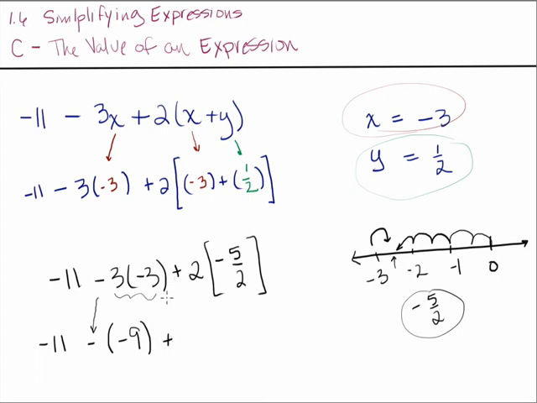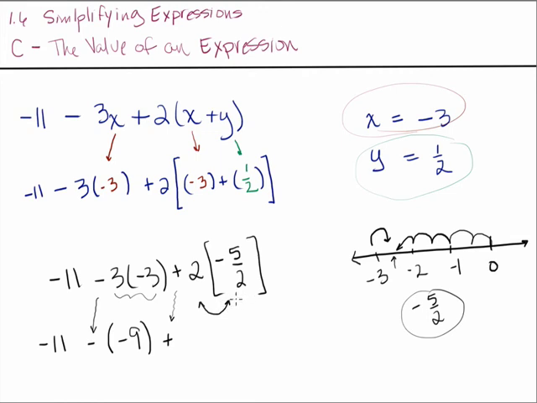Plus, I've used this plus sign, so I'm only multiplying 2 times negative 5 halves. I could use the commutative property of multiplication to reverse these two numbers.